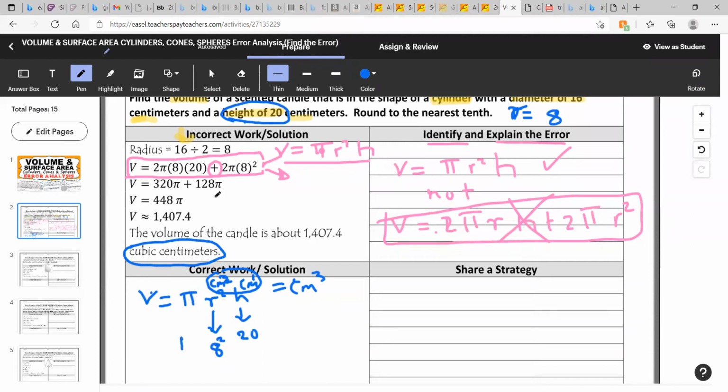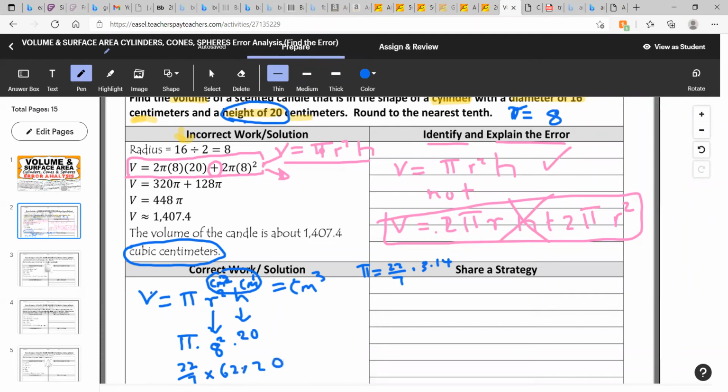And then pi. We know normally pi is equal to 22 divided by 7 or 3.14. So the pi here will be 22 divided by 7 times 8 squared, which is 64, times 20.